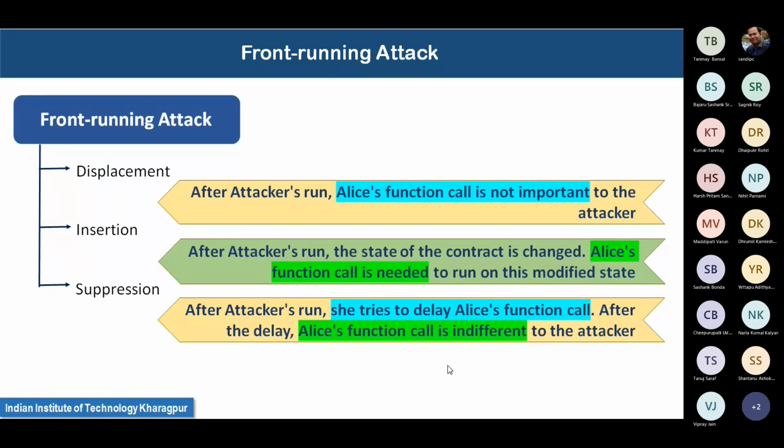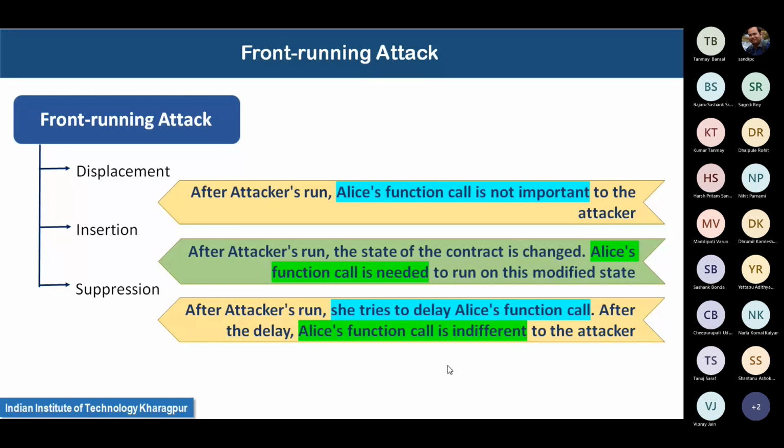Currently, say, this Bitcoin is trading at one Bitcoin equal to, say, 100 Litecoins. So the attacker knows that Alice is willing to pay up to 105 Litecoins for one Bitcoin, but the current selling price is one Bitcoin for 100 Litecoins. So as soon as the attacker sees this transaction which says that Alice is willing to buy one Bitcoin for 105 Litecoins, the attacker will buy one Bitcoin for 100 Litecoins and then sell it to Alice at 105 Litecoins.